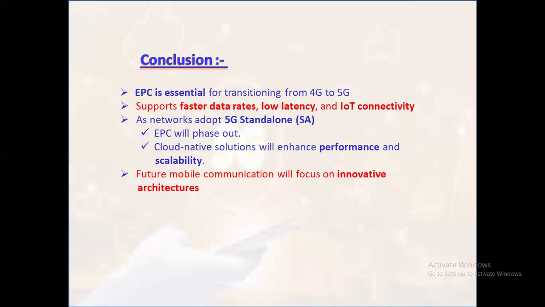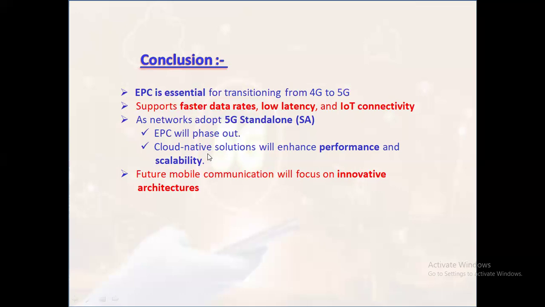While EPC has been vital in the initial phases of 5G deployment, the new 5G core, 5GC architecture, is designed specifically to meet the requirements of 5G, offering advanced functionalities that EPC cannot provide. Consequently, as operators fully transition to 5G core, EPC will be phased out, making way for a more efficient and agile network infrastructure that can better support the evolving demands of users and applications.